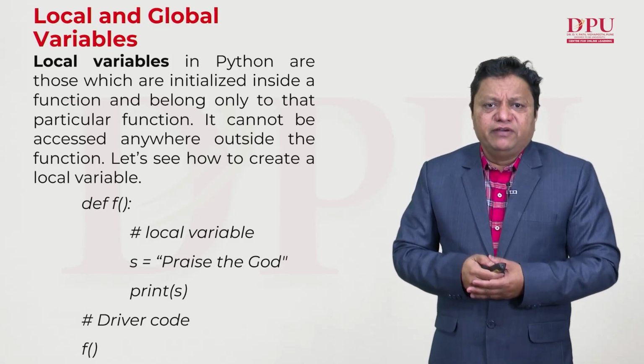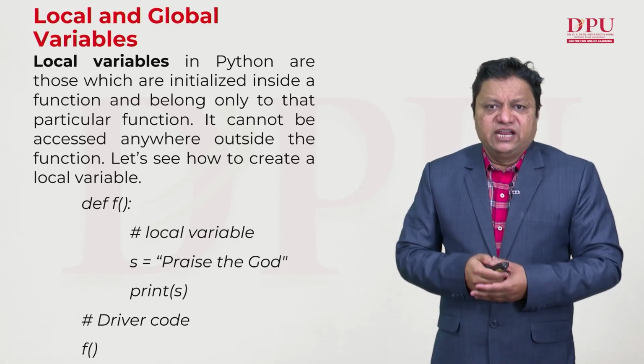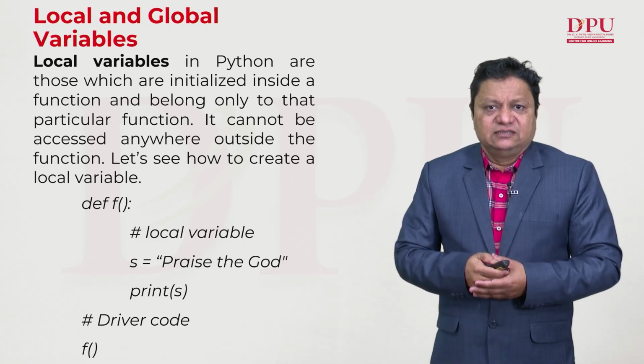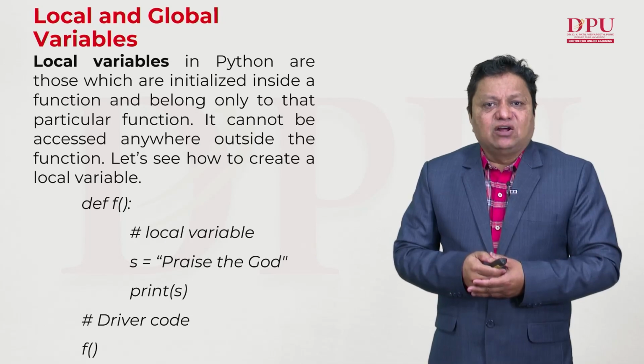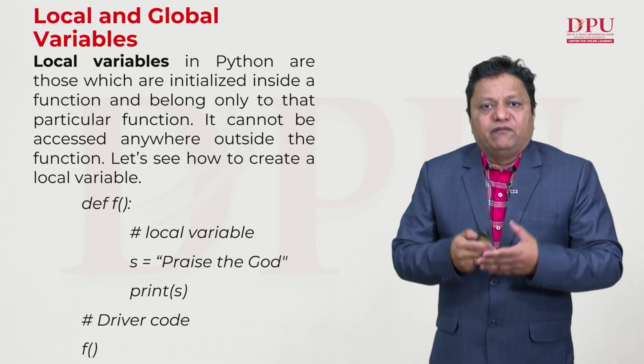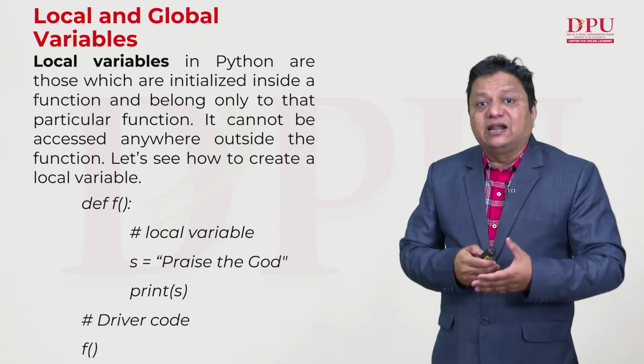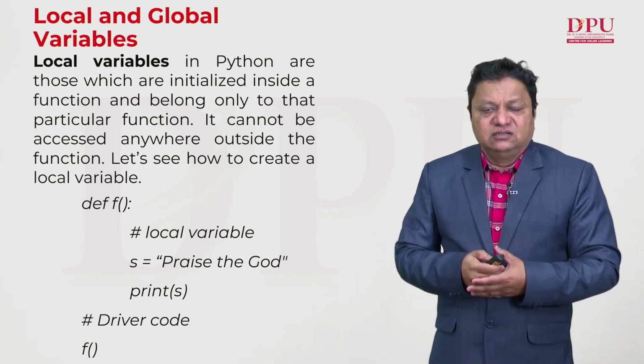If you define a variable inside a block, then we can access that variable only inside the block, as long as the control is in that block. Once the control exits that block, that function, then we cannot access that variable.